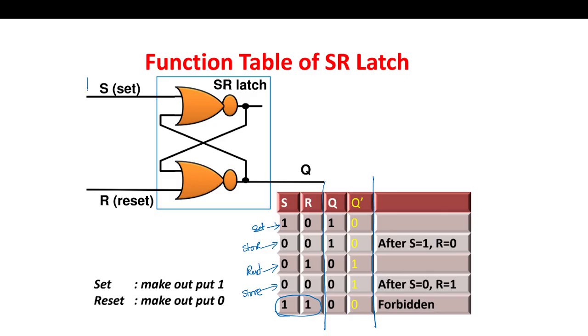allowed. Let's see why. If both the inputs are 1, 1, if we have a NOR gate, any one of the input is 1, so output should be 0, and we observe both Q and Q bar is 0 when we apply S is equal to R is equal to 1.